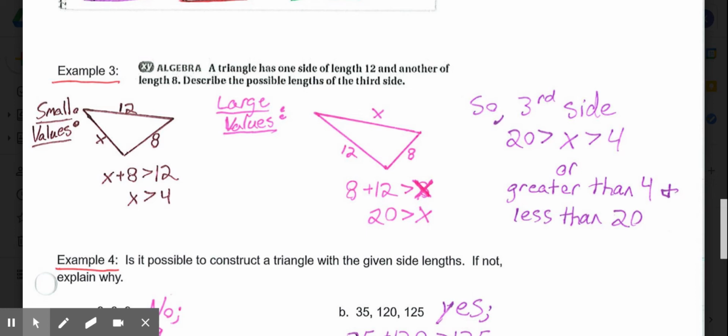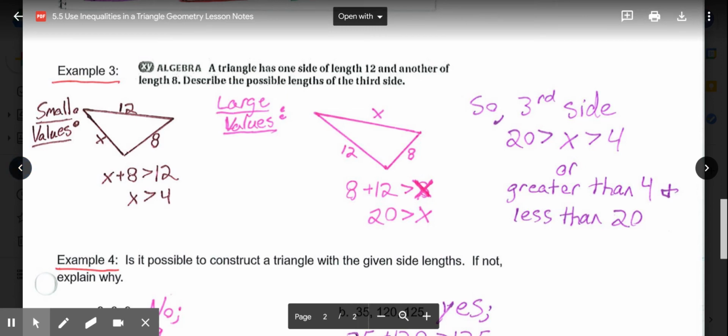And what I mean by that is, if we think about the small values, we could have a triangle like this, where 8 plus x has to be greater than 12. Any two sides have to be greater than the third. So x plus 8 is greater than 12. Subtract 8 from each side, and x has to be greater than 4.